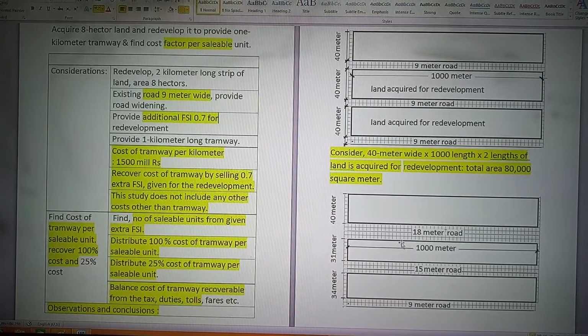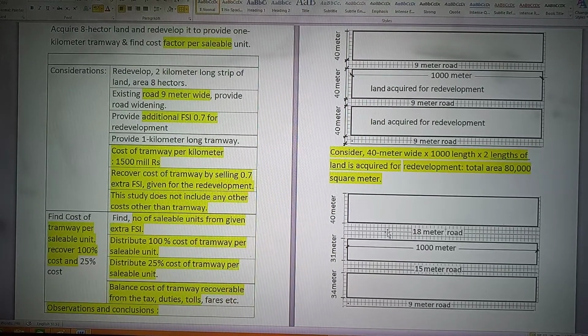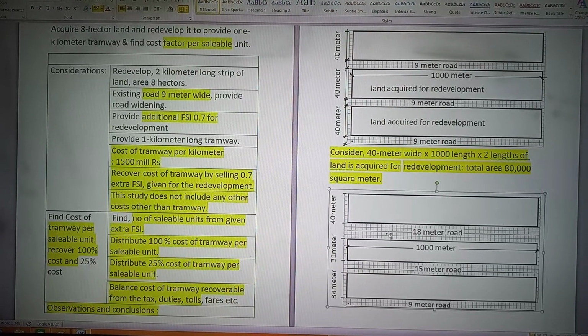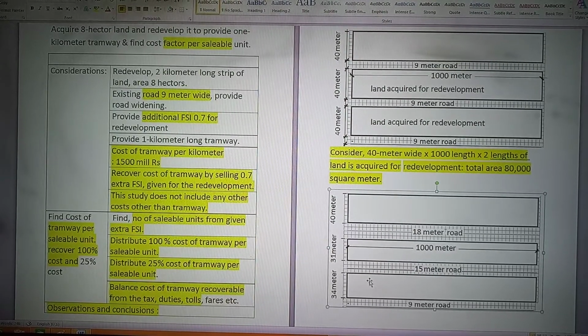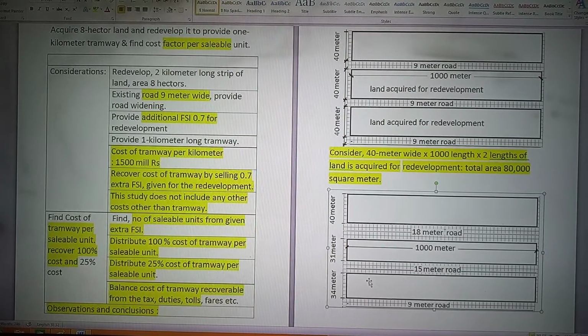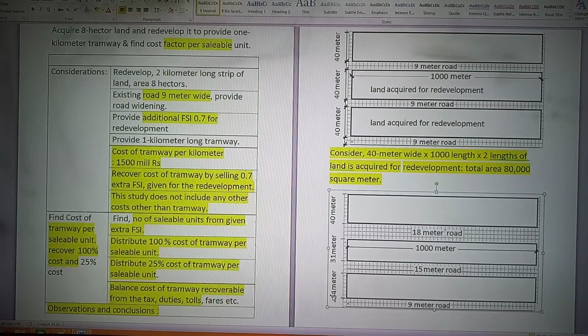We provided setback to the acquired land. We have provided a 9 meter setback here, so the width has shrunk to 31 meters. We have provided again a 6 meter setback, so from 40, the width has shrunk to 34 meters.